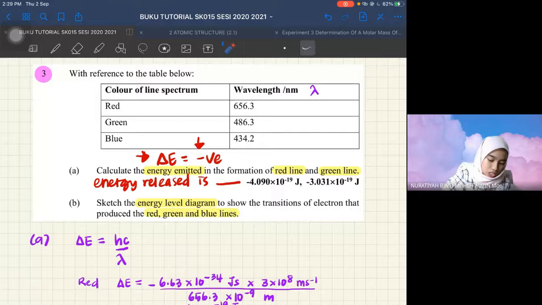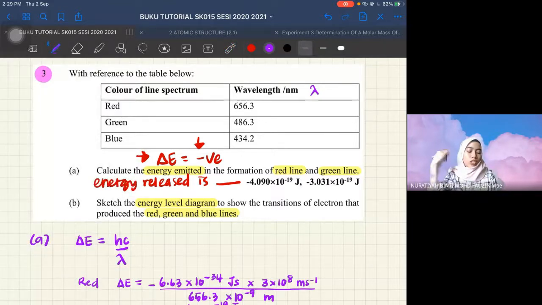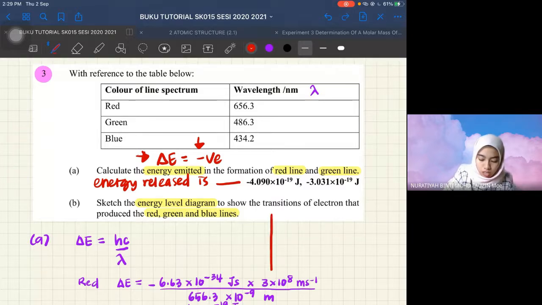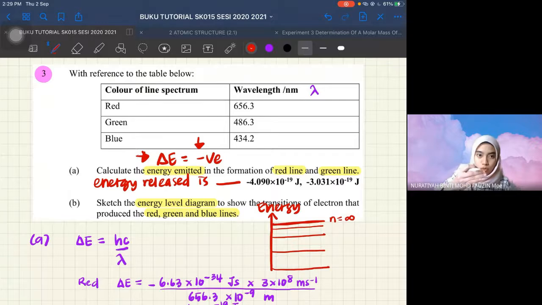From this question, what do you need in order to sketch an energy level diagram? It says energy level diagram, so you will have energy levels, which is your n, your orbit. I will use red. You will have energy, and at the top a thick line, which is n equals infinity. Then the gap between your energy levels gets bigger and bigger, so make sure the gap gets larger.